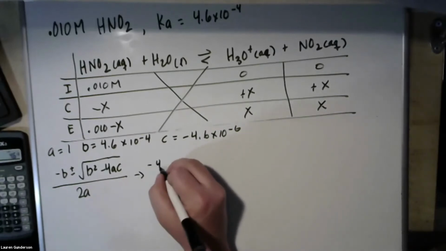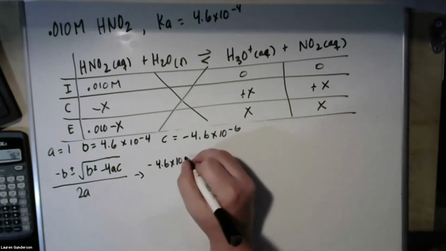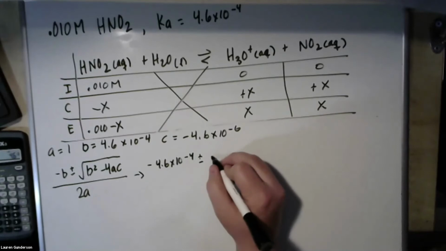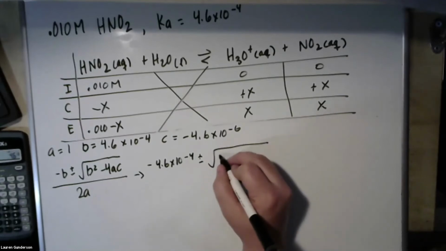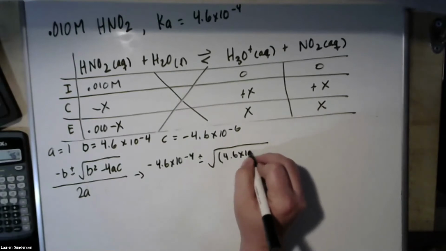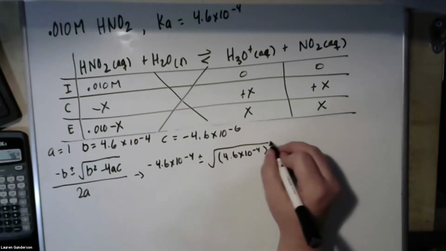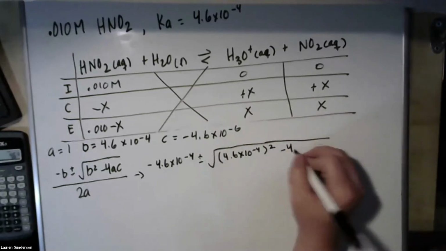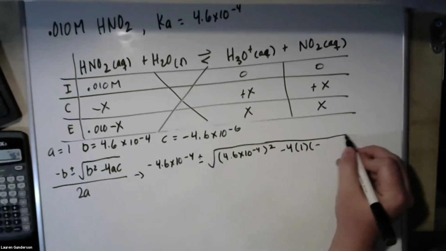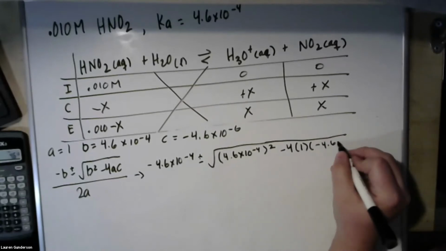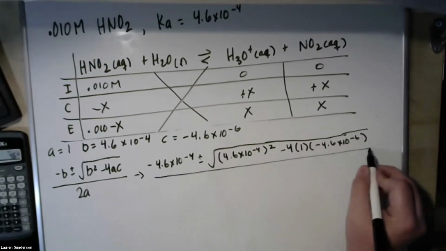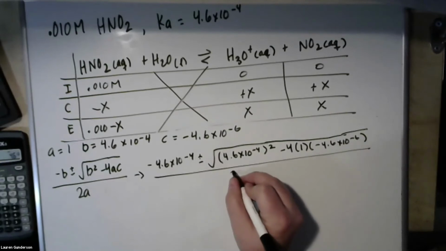So minus 4.6 times 10 to the negative 4 plus or minus the square root of 4.6 times 10 to the negative 4 squared minus 4 times 1 times, don't forget our negative sign here, negative 4.6 times 10 to the negative 6, all over 2 times 1, which is 2.